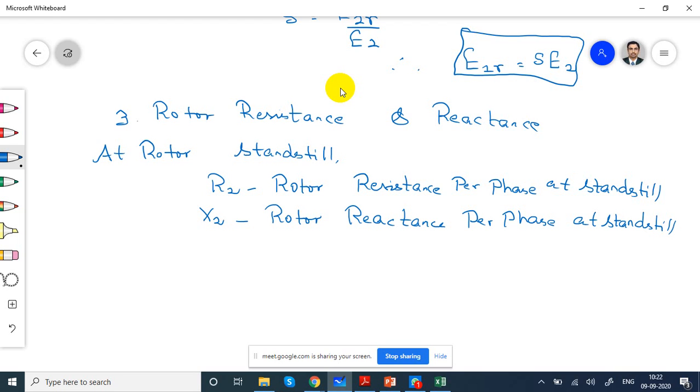Okay, rotor reactance per phase at standstill. And fr is the rotor frequency at standstill.